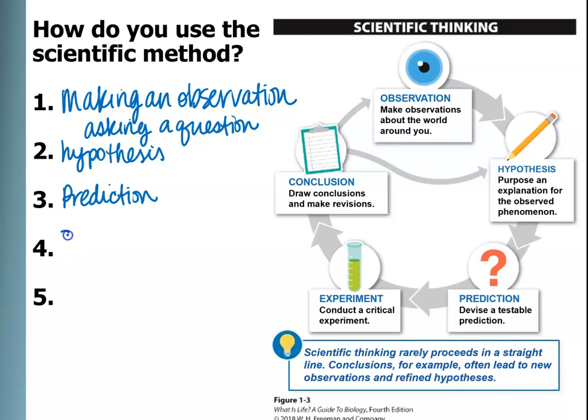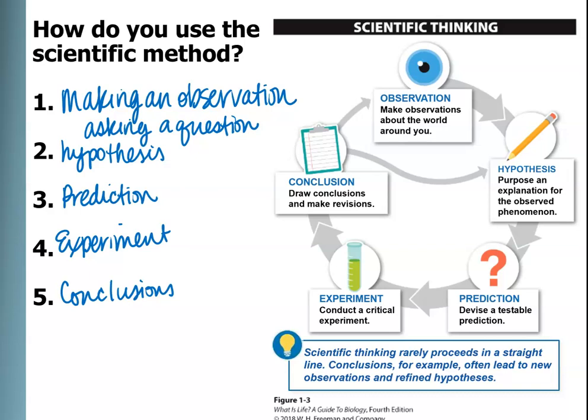Then we're going to design an experiment that is going to produce the data that we hope will support our hypothesis. And then finally, we are going to make conclusions about this. Did you support your hypothesis? Did you explain what you were interested in explaining?